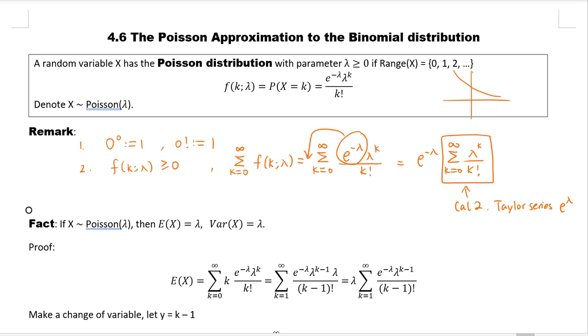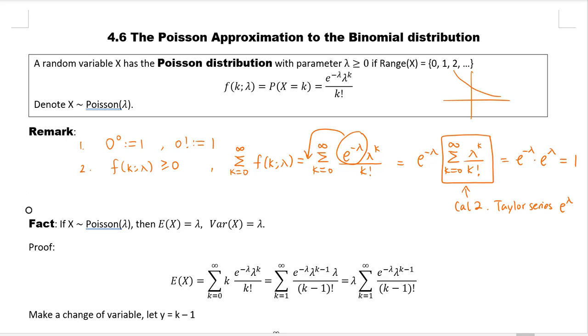Okay, so this is the Taylor series for e to the lambda, and this series converges to e to the lambda, and the interval of convergence is minus infinity to infinity. So that's why we can say this guy is e to the lambda, so e to the minus lambda times e to the lambda. This is just 1 because they cancel out.